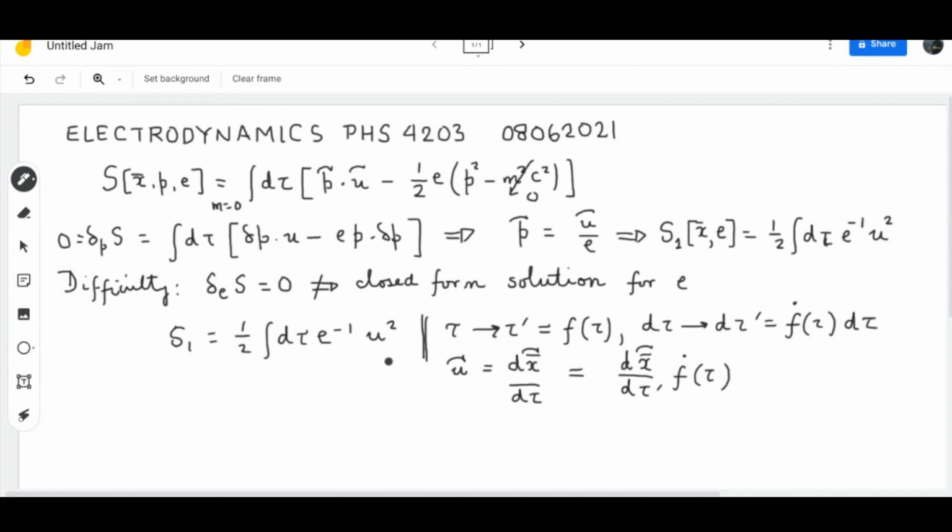Now this quantity here has a certain feature. There is a way that this transforms in such a way that this is equal to half integral d tau prime E inverse of tau prime u squared of tau prime, and this becomes the same.